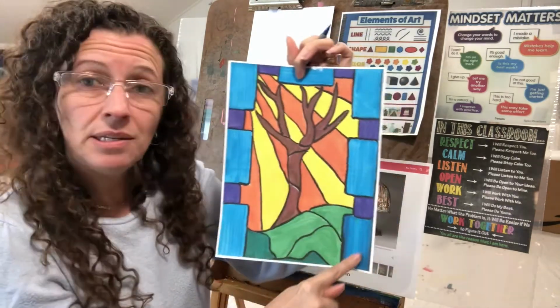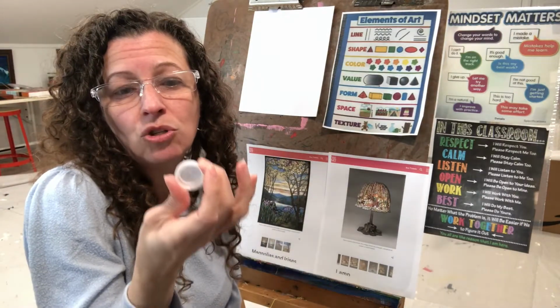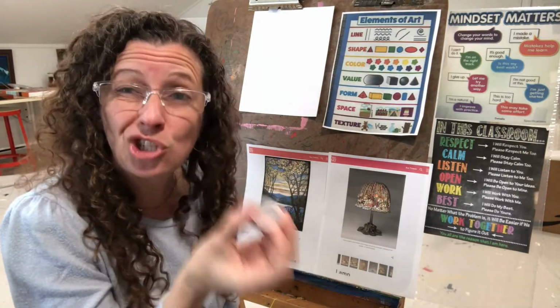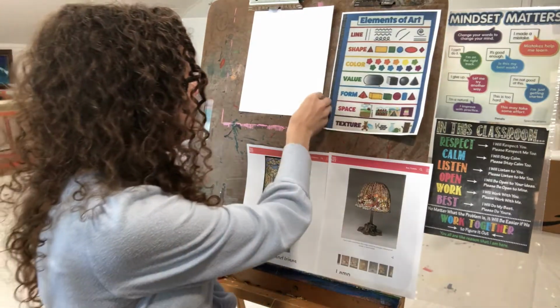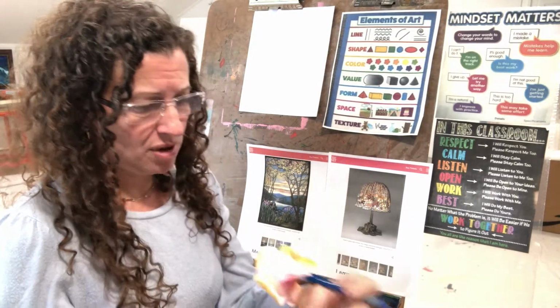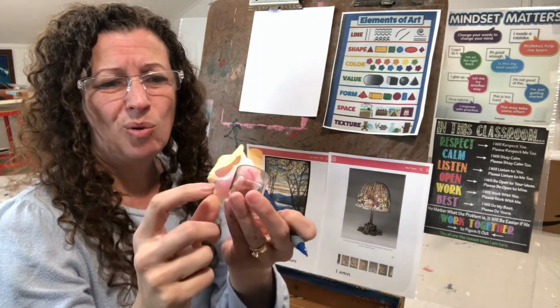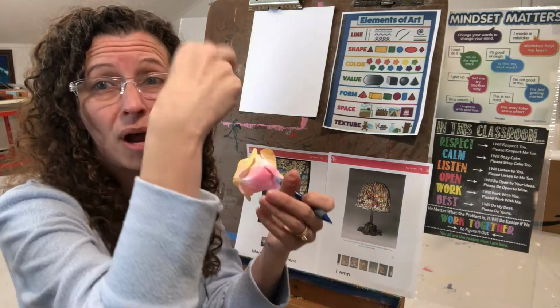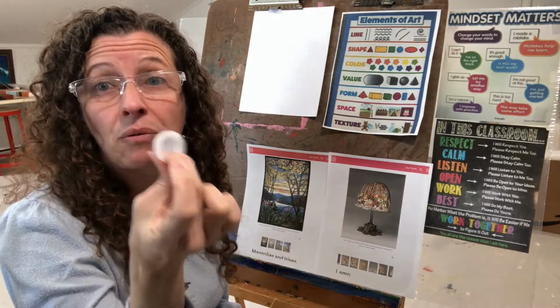I don't have these here at home, so anything that you can trace that's going to produce a geometric shape, please use it. I'm going to use a water bottle cap, or if you have any cap like this from a spray bottle or a hair product or something, I'm just going to use something round, okay?